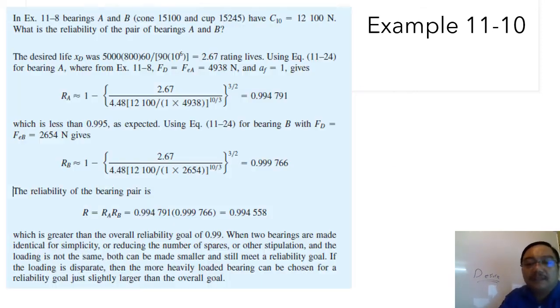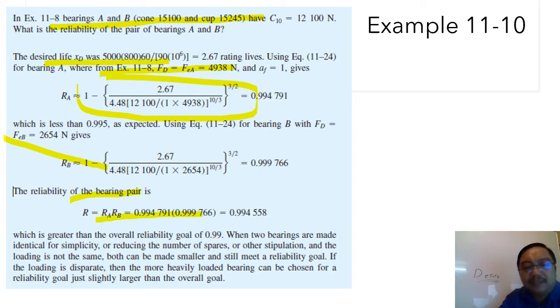So see here, this is example 11.10, life, everything. You trace back the value, and then you get the reliability RA RB, because you have two bearings, A and B. Remember, when you have two bearings, the reliability for both must be counted.